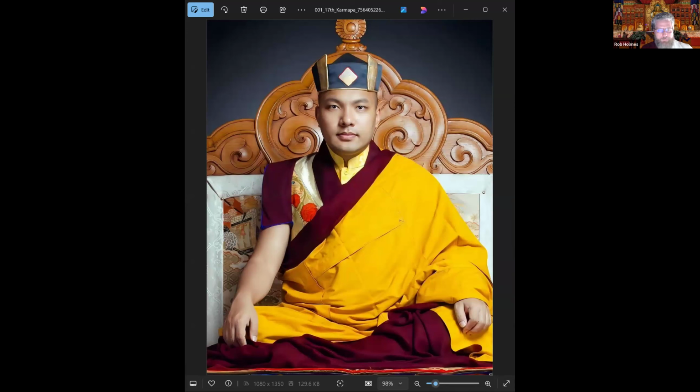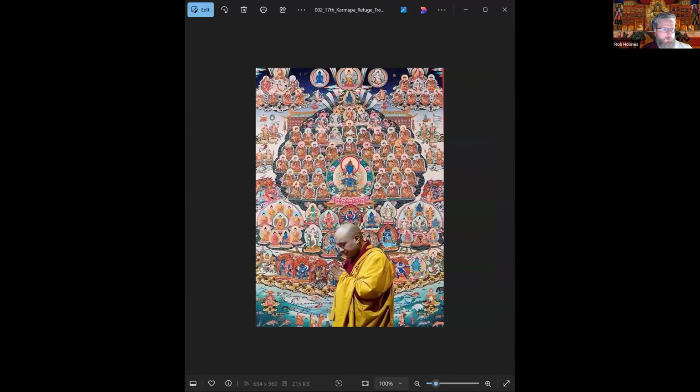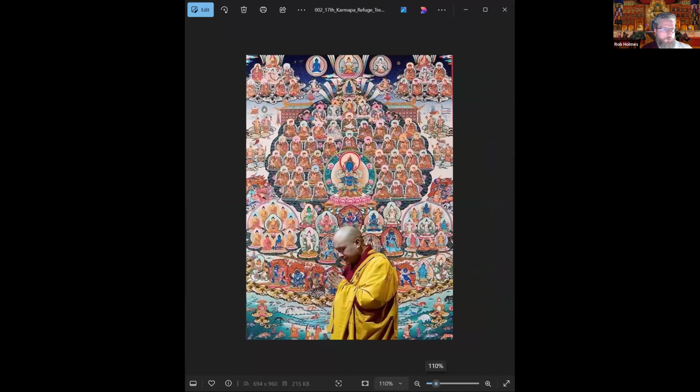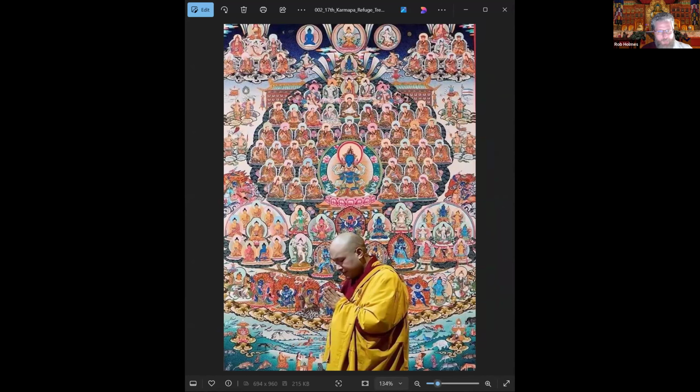The lineage itself has a hierarchical nature to it, acknowledging the lineage, based on the realization that the particular teachers have. So this is the 17th.